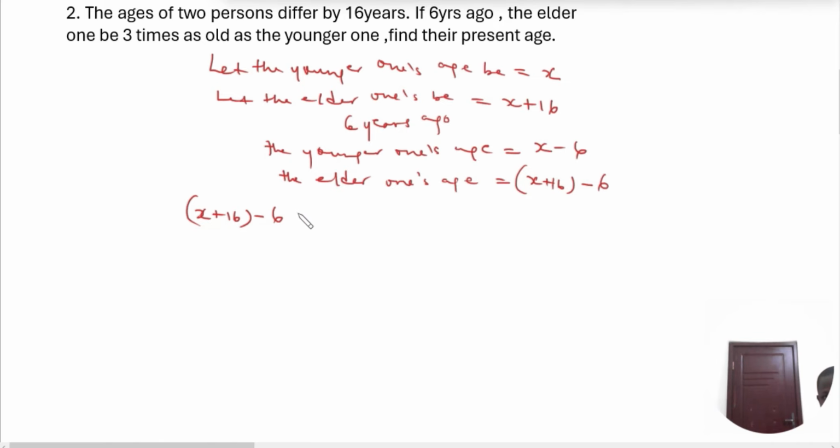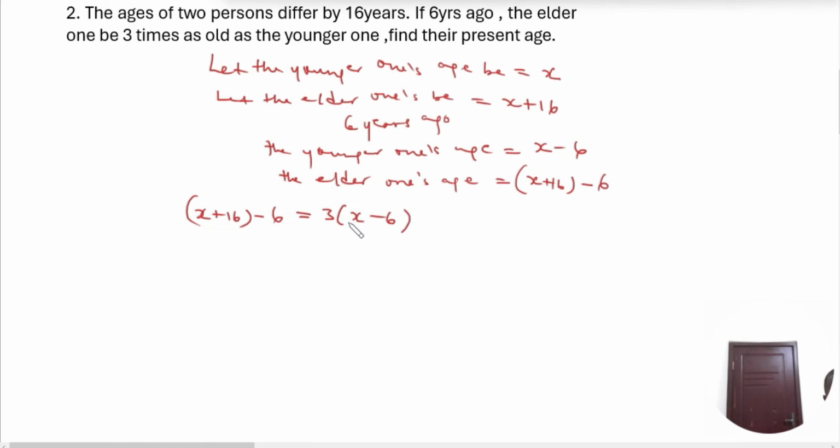So we're going to write equal to 3 times the younger one's age 6 years ago. The younger one's age is x minus 6, 6 years ago, x minus 6.